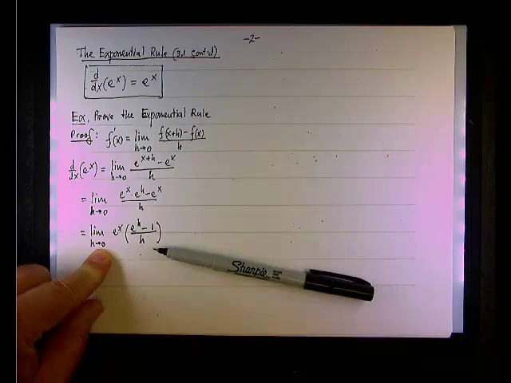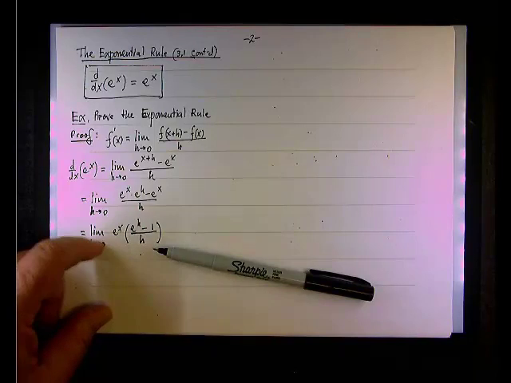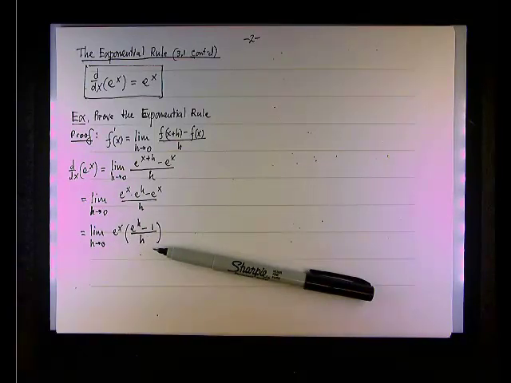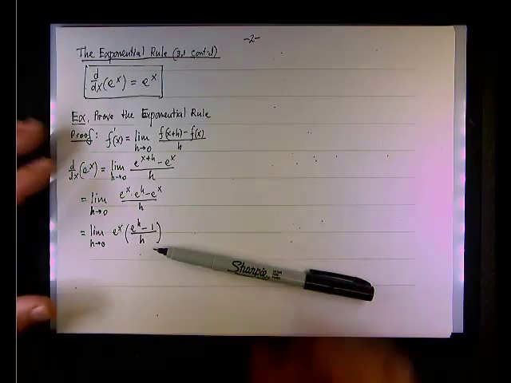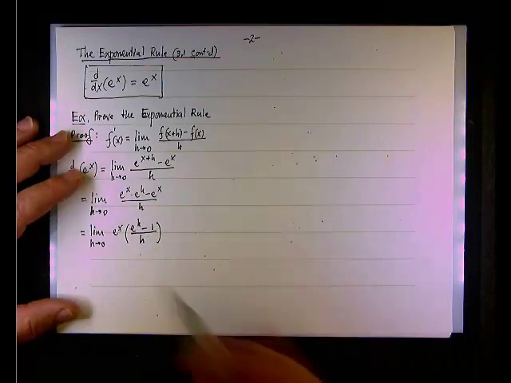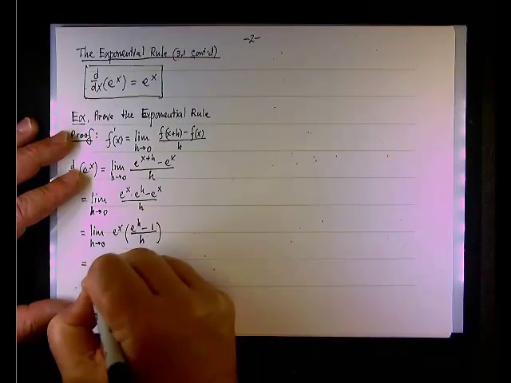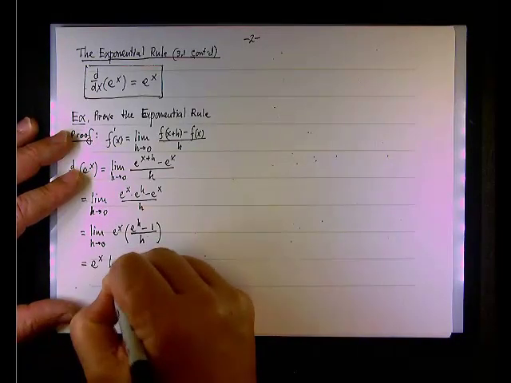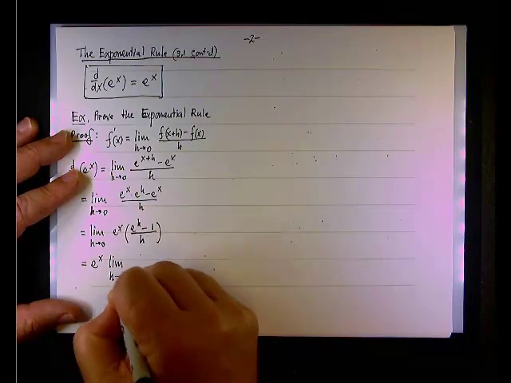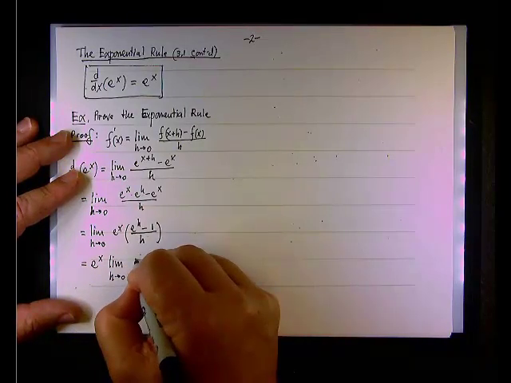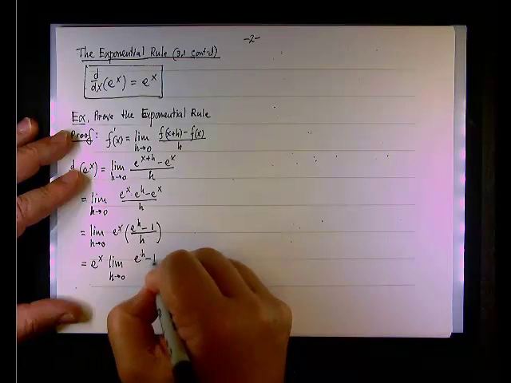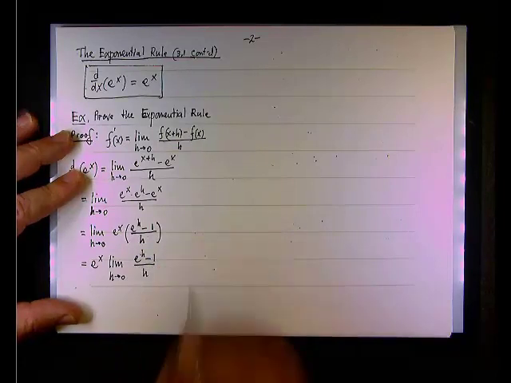What we change closer and closer to 0 is h. As far as the limit is concerned, x stays the same, some kind of constant. Since e to the x doesn't participate in the limit, we can factor it outside the limit. And it will be e to the x times the limit as h approaches 0 of e to the h minus 1 divided by h.